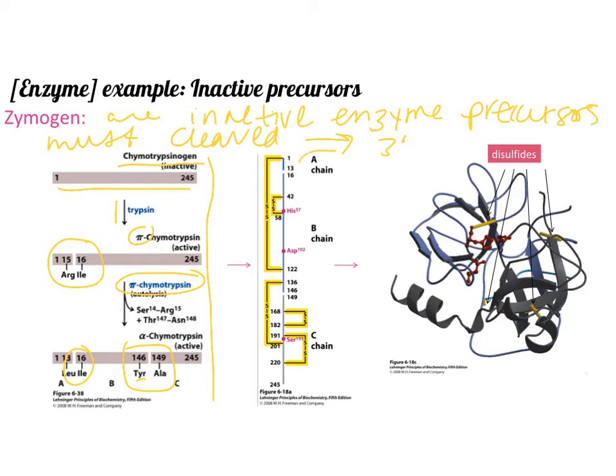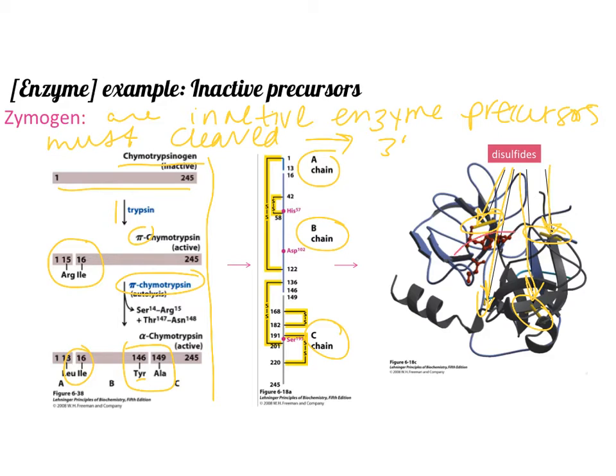So you get 3 chunks, chain A, chain B, and chain C. So again, we started with an inactive enzyme precursor. It's gotten cut 2 times. And then the way that it gets pieced back together is through disulfide bonds. So here are the disulfide bonds that piece this enzyme back together so that it has a 3-dimensional fold.